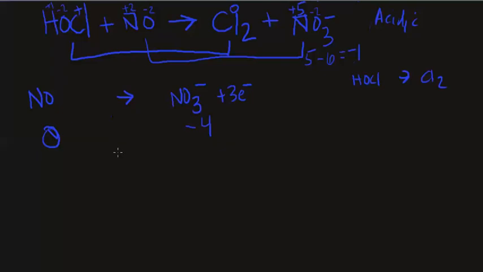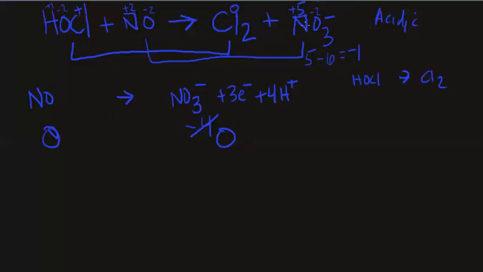So to balance the charge, we're going to add hydrogens, and hydrogens are positive, so we can only increase the charge on the side. We need to increase this product side from -4 to 0, so we're going to add 4 hydrogens. Now this side has a charge of 0. So we balanced the charges.